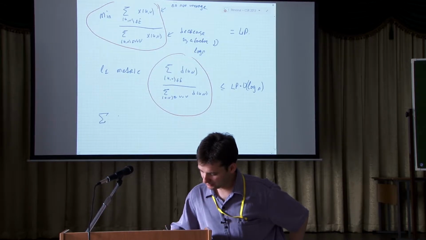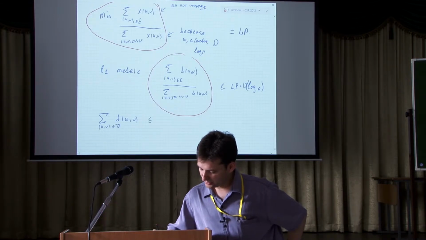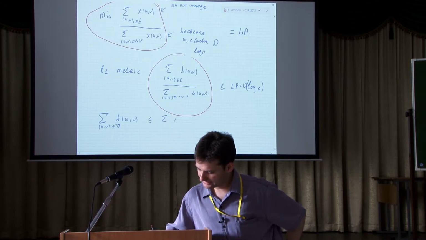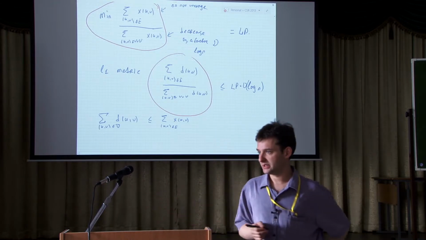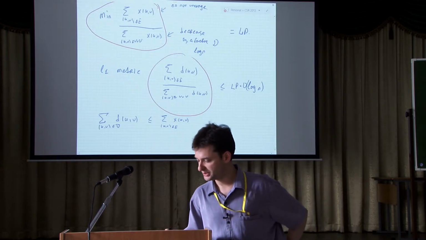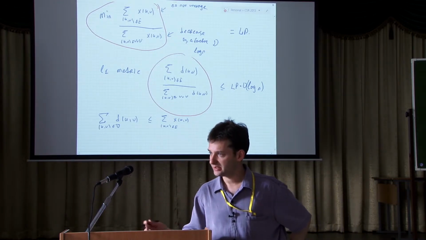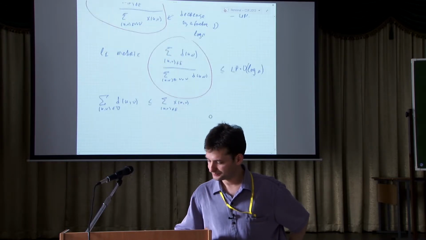So we know that the sum of d_uv over all edges uv is at most the sum of distances x_uv over all edges uv, right? Just for every uv, we have that d_uv is at most x_uv in the embedding we just had.